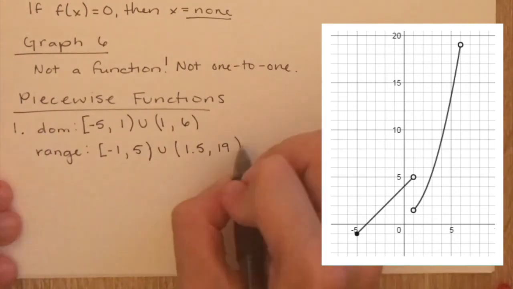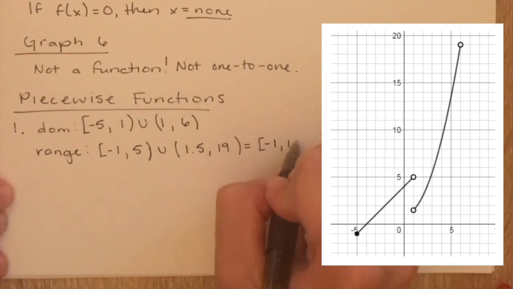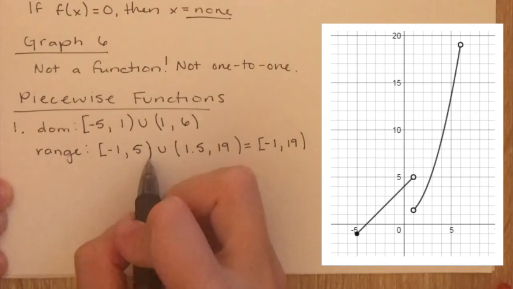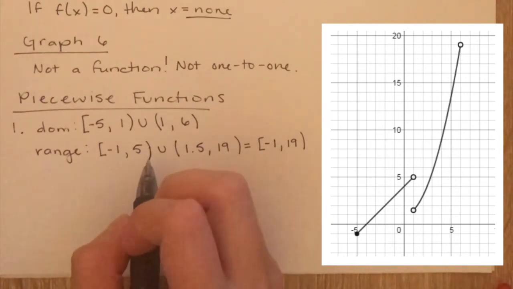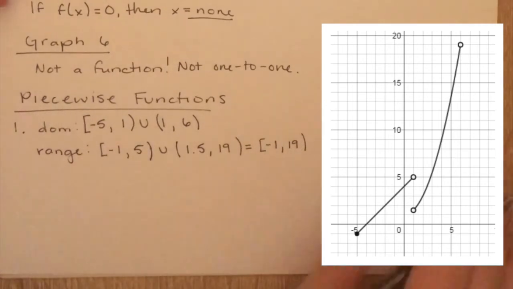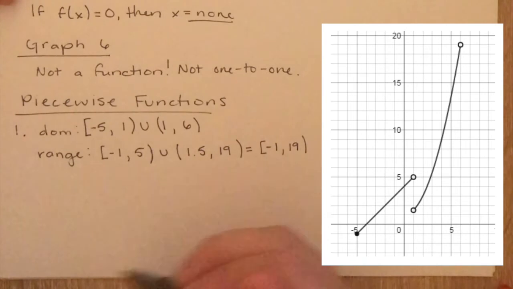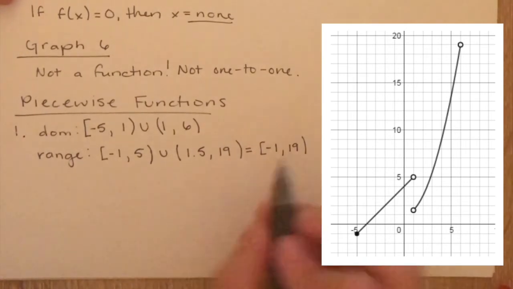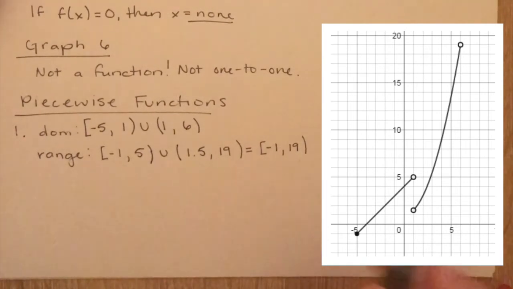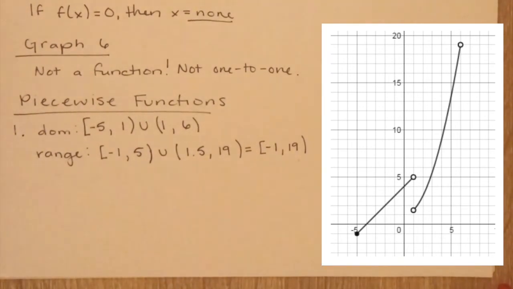If you wanted to, you could actually write this as -1 all the way to 19, because like we said before, when we're looking at the output value of 5, yes, it's not included on that one chunk, but it is included on the other chunk. So we can just skip to that other chunk and say, I'm just continuing all the way up to 19. Either of these are correct and will be accepted.